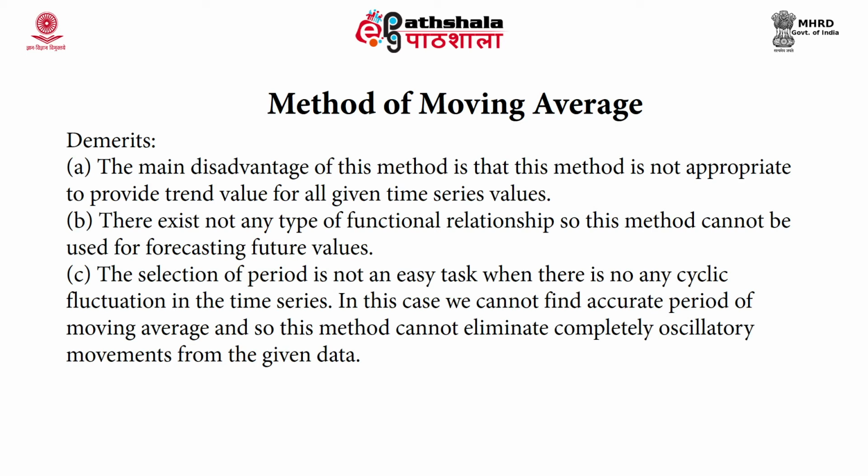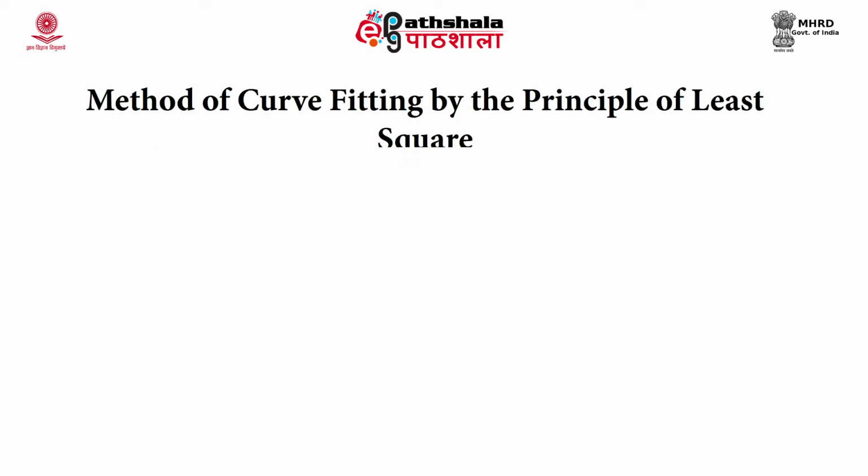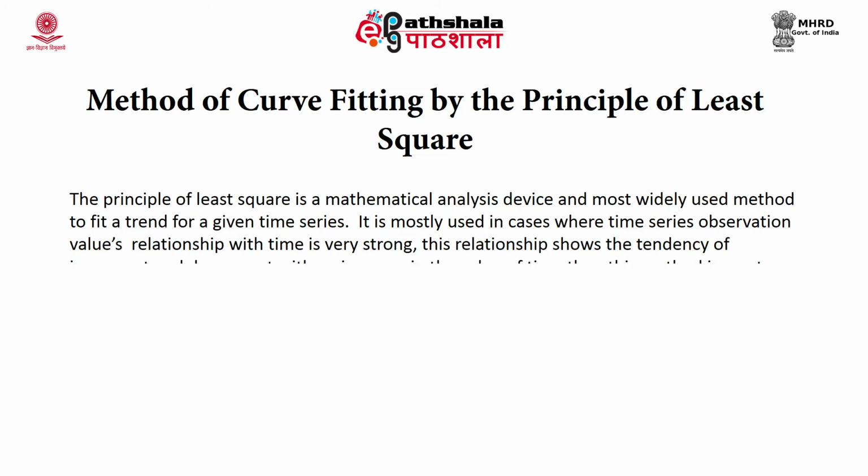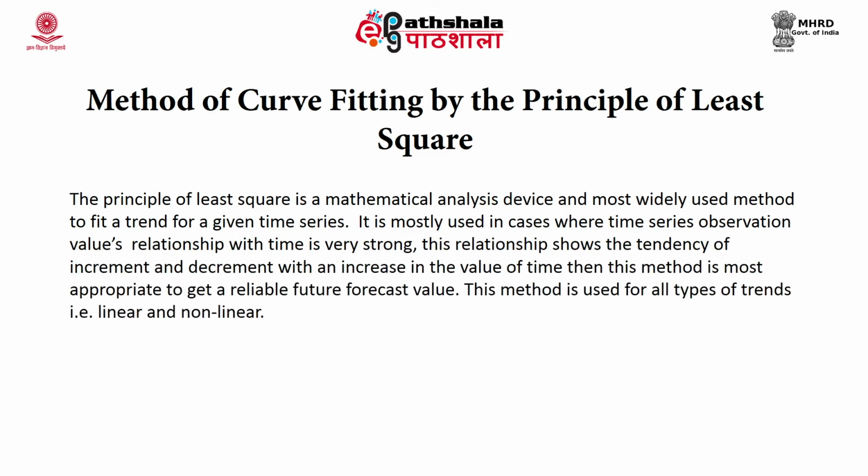Now come to the last method, that is the method of curve fitting by the principle of least squares. The principle of least squares is a mathematical analysis device and the most widely used method to fit a trend for a given time series. It is mostly used where the relationship of the time series observation values with time is very strong.